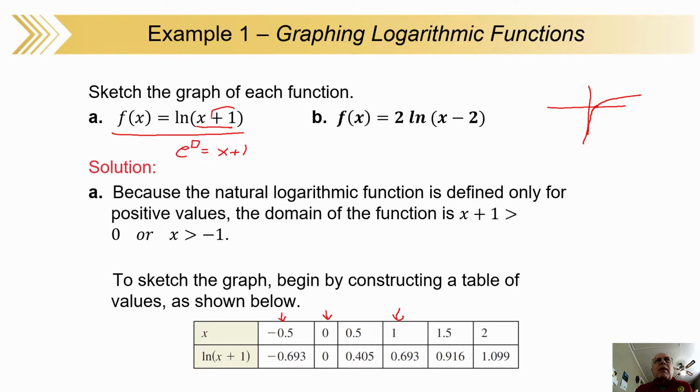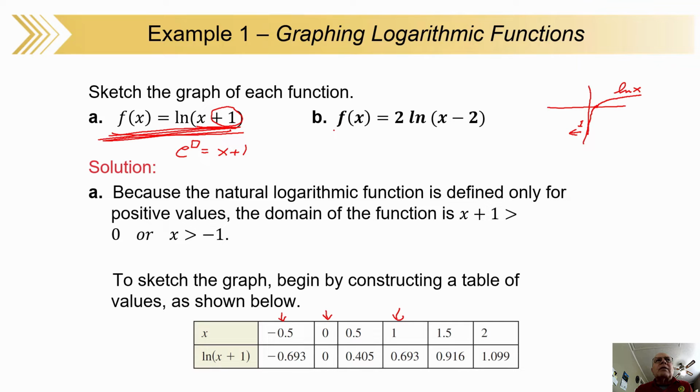And because it's a plus 1, that means the original natural logarithm of x, you could get this graph by taking this and moving it 1 unit to the left. So if you could graph this one, grab a hold of it, pull it to the left 1 unit, you'd have the graph of this new one.